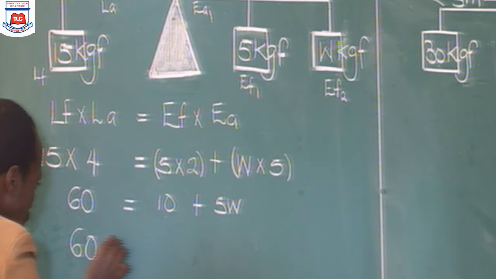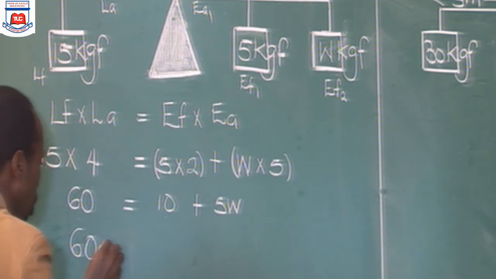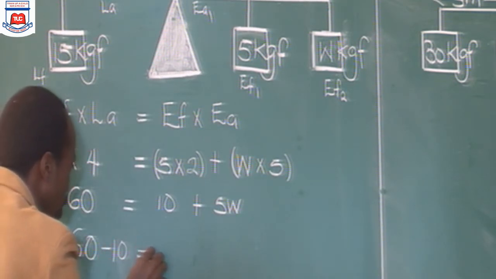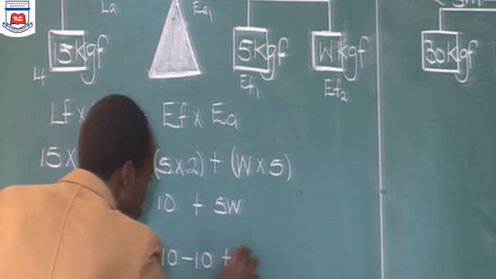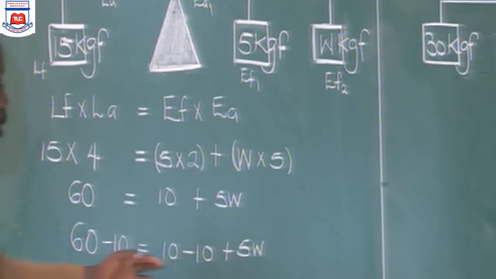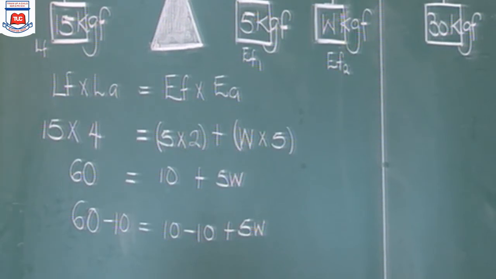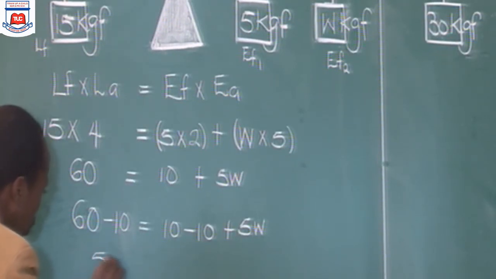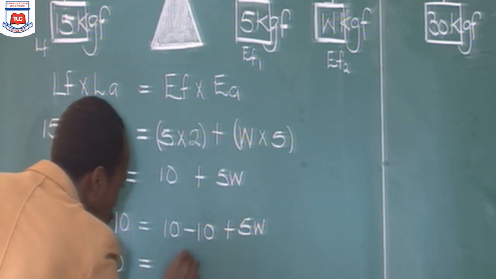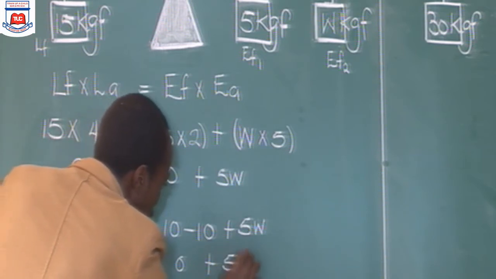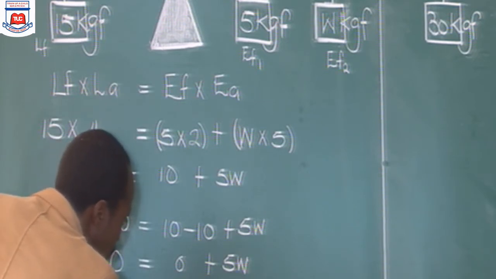So 60 minus 10 is equivalent to 10 minus 10 plus 5W. 10 minus 10 is very simple. You get a 0. 60 minus 10, we shall have 50. So 50 is equivalent to 0 plus 5W. So 50 is equivalent to, we only have 5W this side.